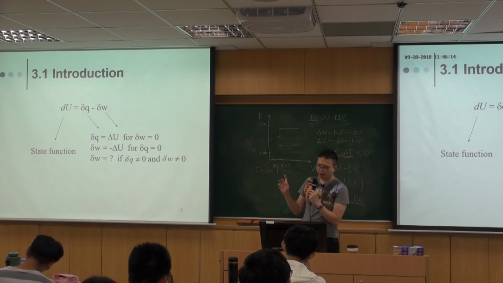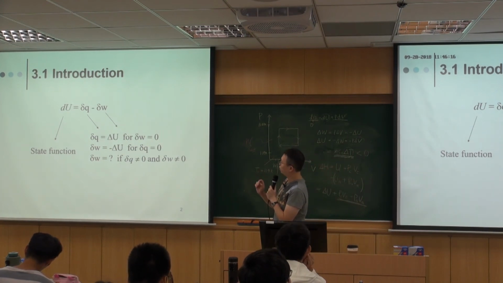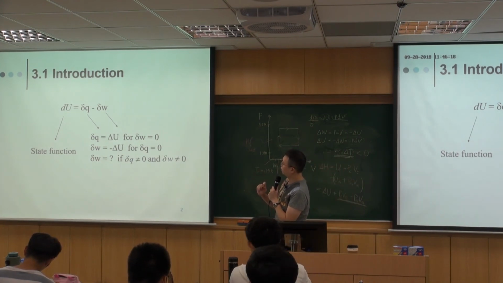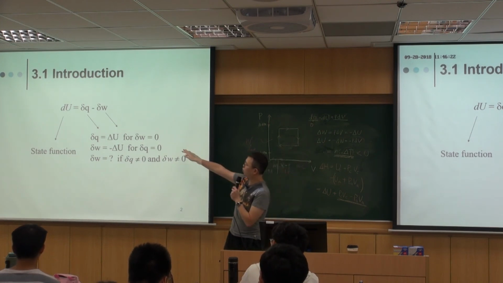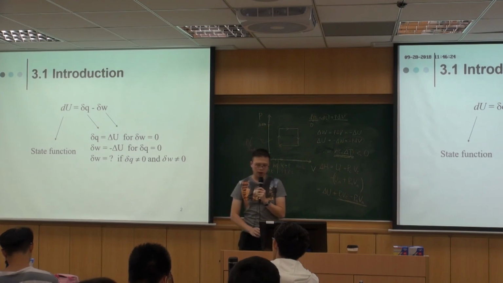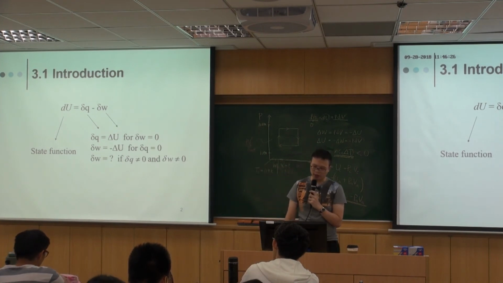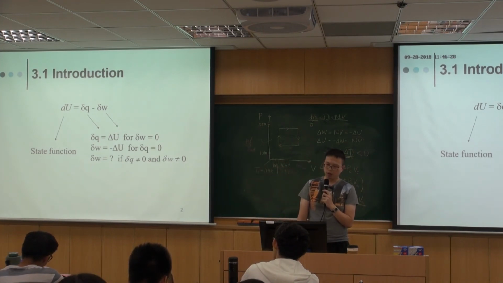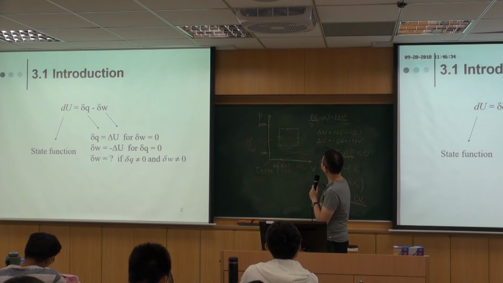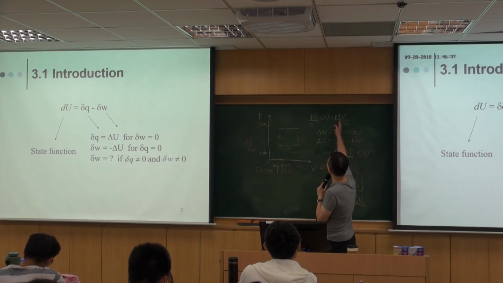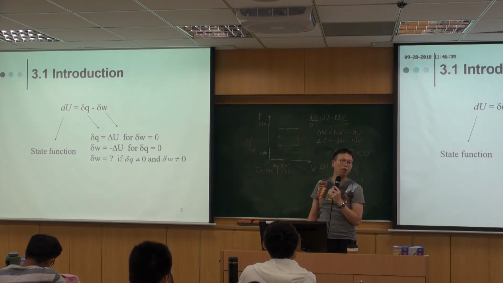We already know that if you're dealing with a process that is not doing any work, for instance a constant volume process, delta V is 0.